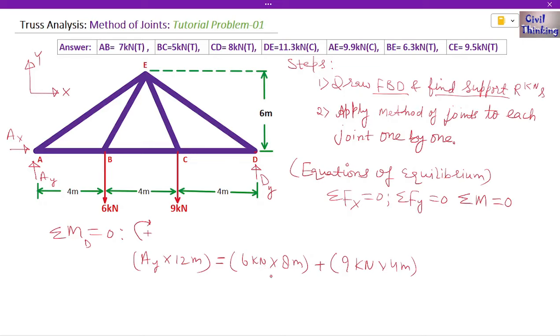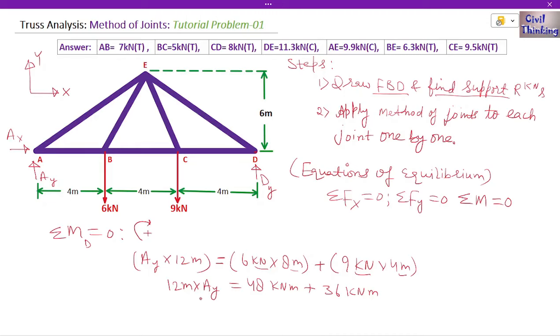Now 8 times 6 is 48, kilonewton meter, plus 9 times 4 is 36, again kilonewton meter. Now this is 12 meter multiplied by AY, right?